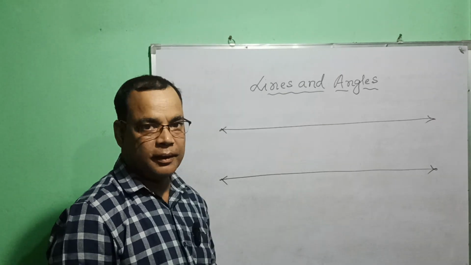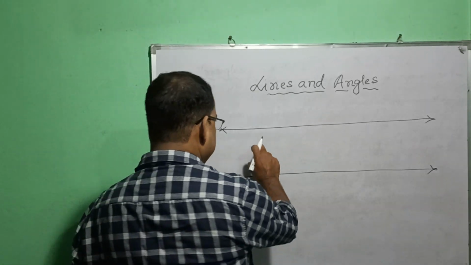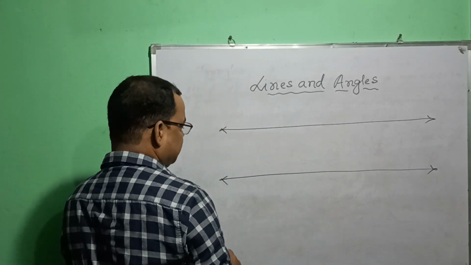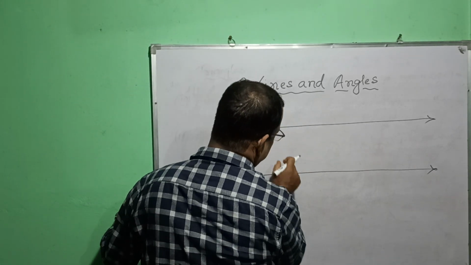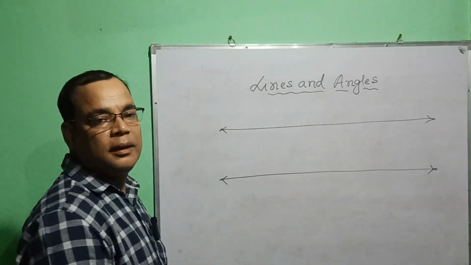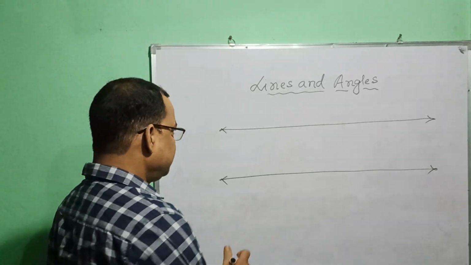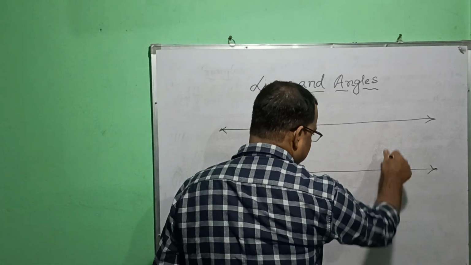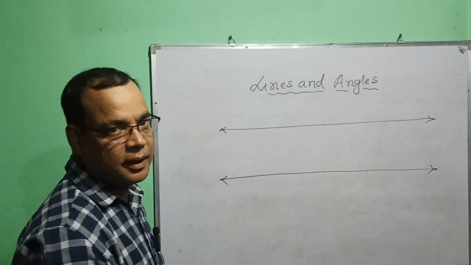So what is parallel? What do you mean by parallel lines? So parallel lines are the lines which are always in equal distance. That is, they are maintaining equal distance always. So these are called parallel lines.